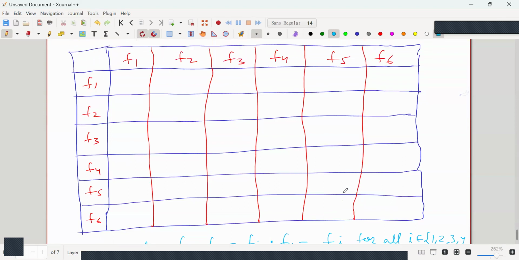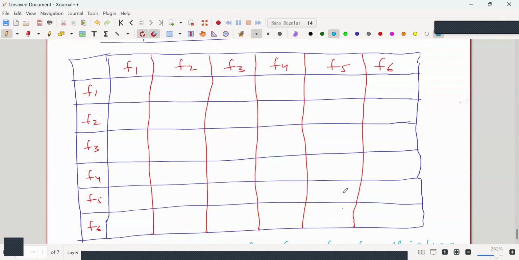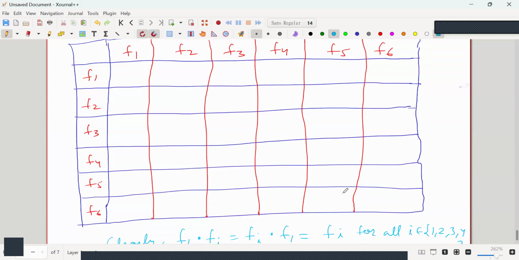Because F1 is just the identity map. So this will be F1, F2, F3, F4, F5, F6, and this will also be F2, F3, F4, F5, F6, right?